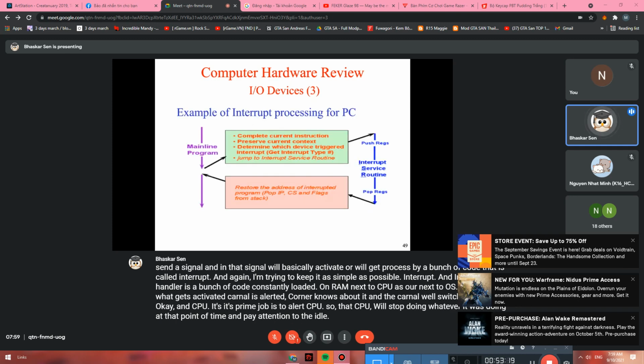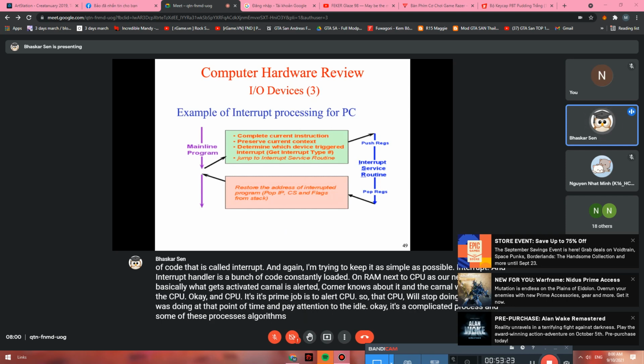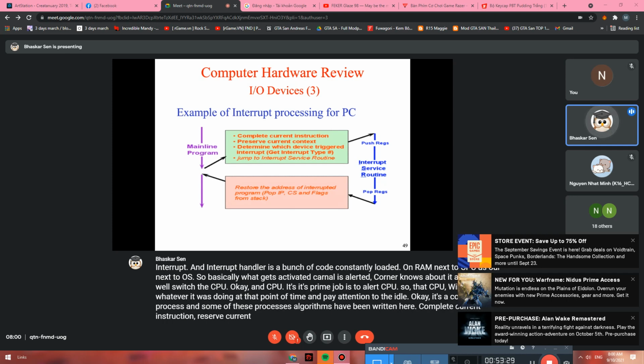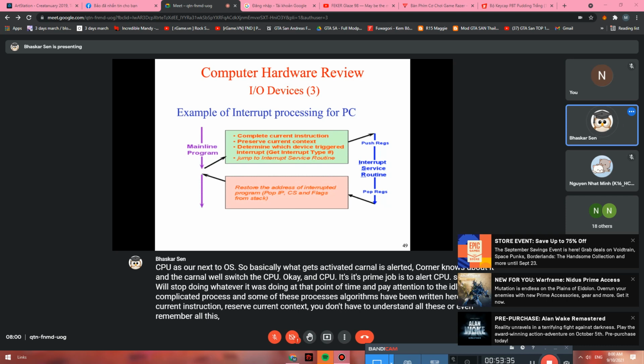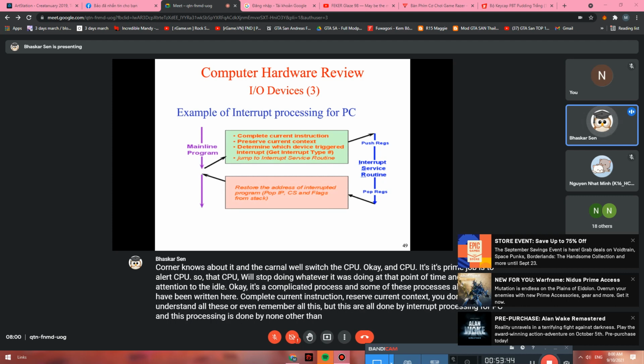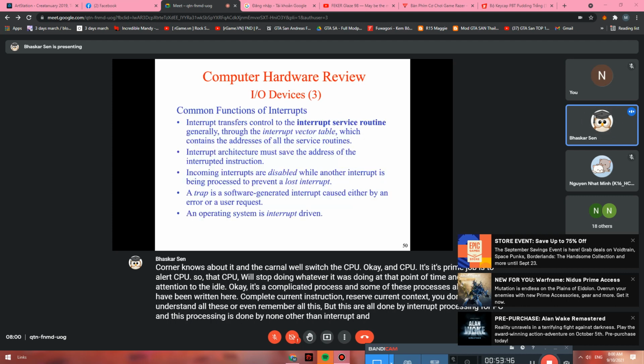It's a complicated process, and some of these algorithms have been written here: complete current instruction, preserve current context. You don't have to understand all these or even remember all this. But these are all done by interrupt processing for the PC, and this processing is done by none other than the interrupt handler.